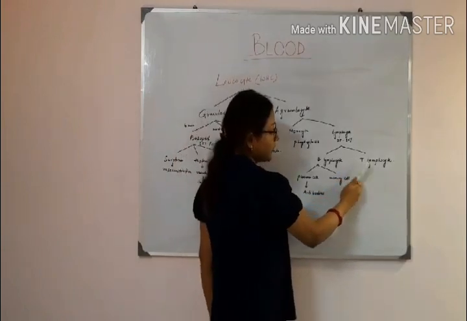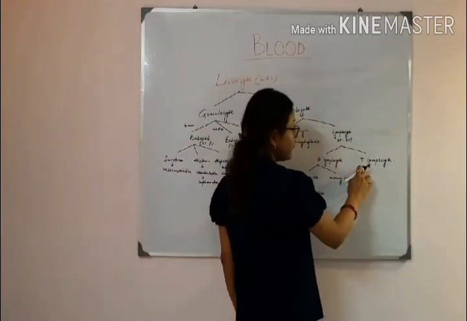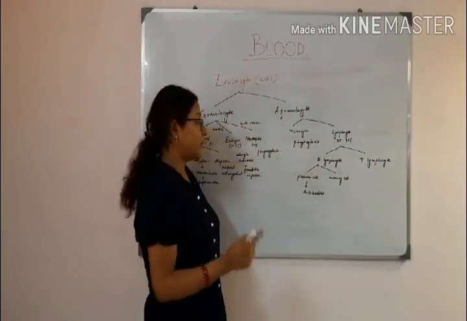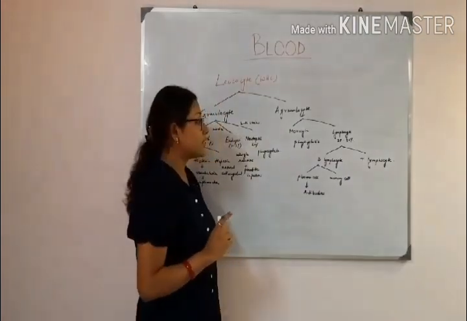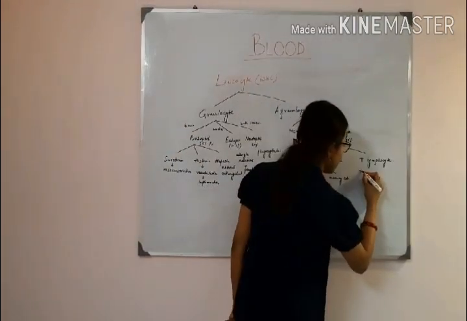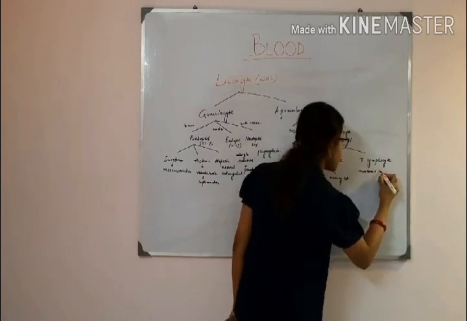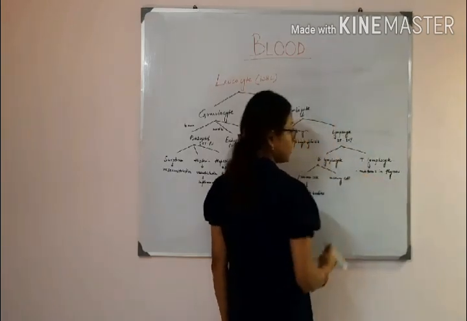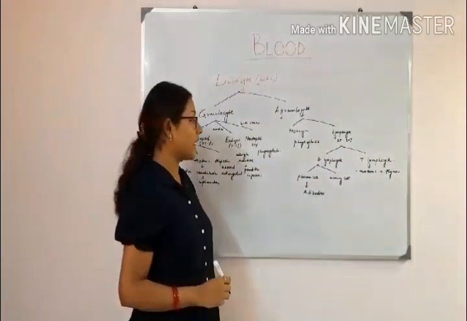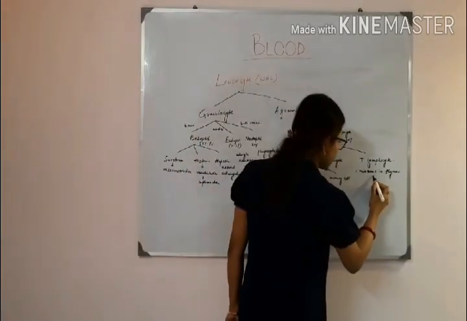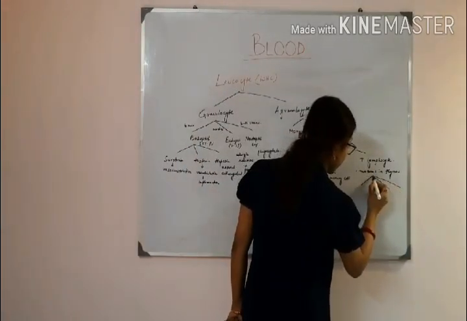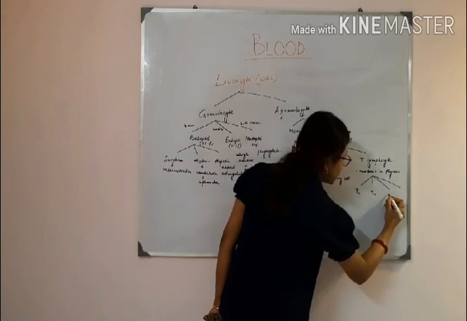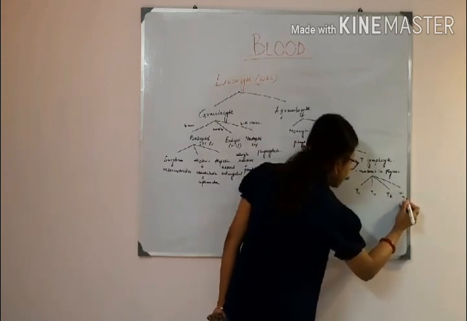And T lymphocyte. This T lymphocyte originates from red bone marrow, but only this T lymphocyte matures in thymus. This point is important and we must remember it matures in thymus. T lymphocyte is again divided into 4 types: TC, TH, TR and TM.